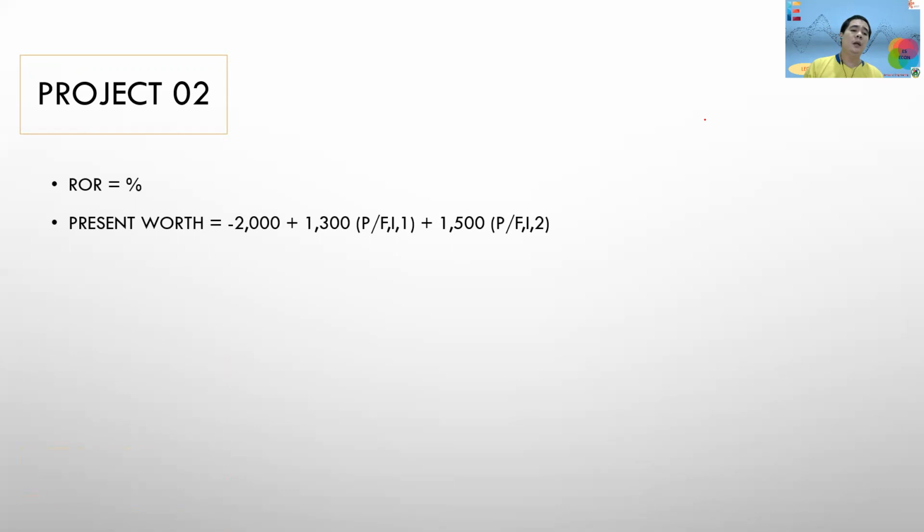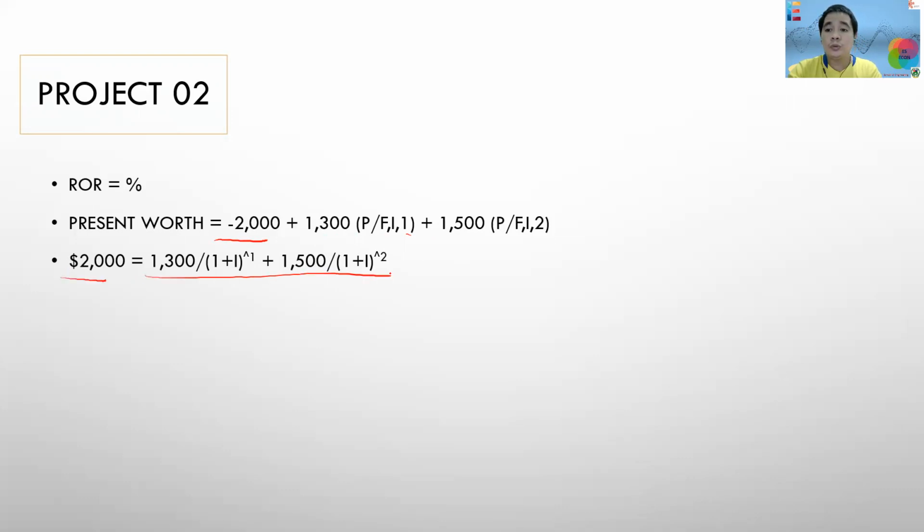To get the ROR, the present worth equation is negative 2,000 plus 1,300 P/F, i, 1 plus 1,500 P/F, i, 2. Now, you'll know that the cash outflow is equal to the cash inflows.